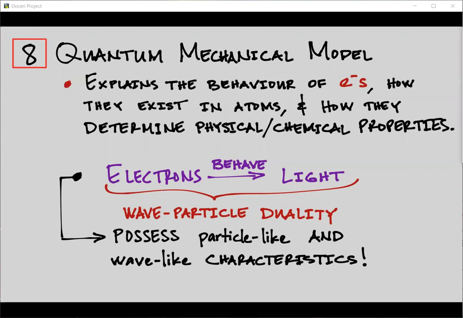You know that they have wave-like characteristics if they have amplitude, wavelength, and frequency. You know that electrons are subatomic particles, and so they have particle-like characteristics as well. Light also has particle-like characteristics because of the fact that they contain photons, which are particles of light.